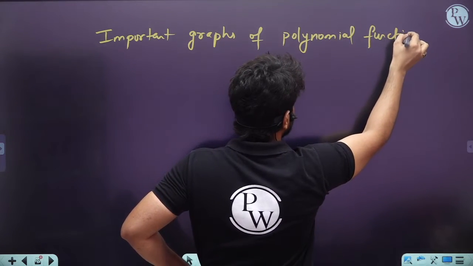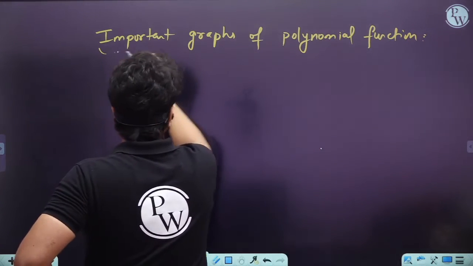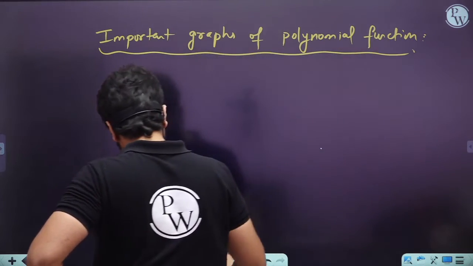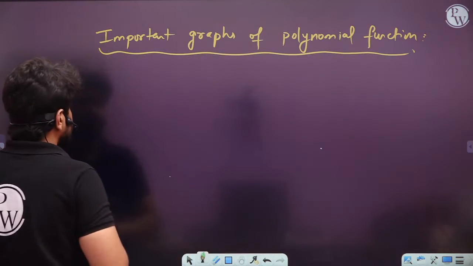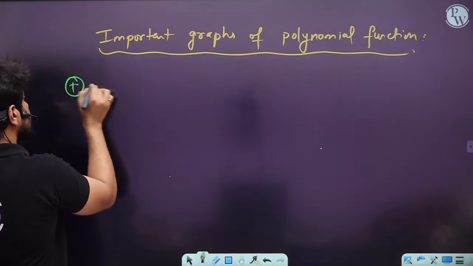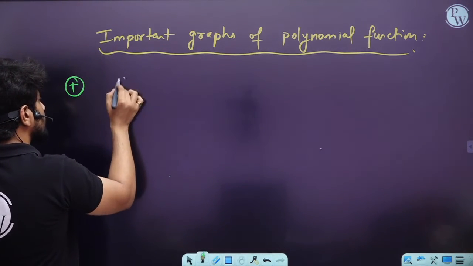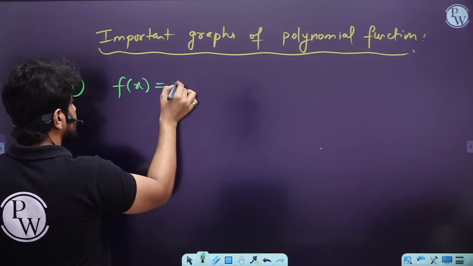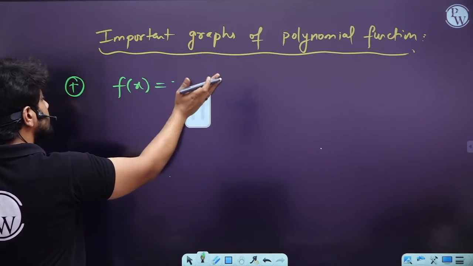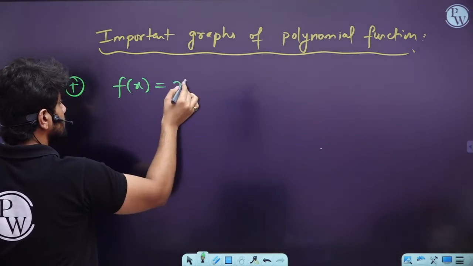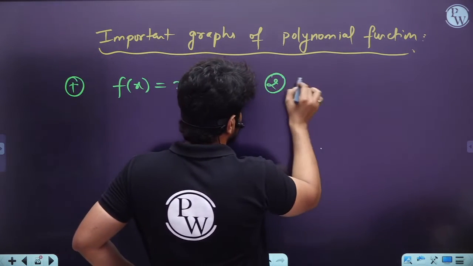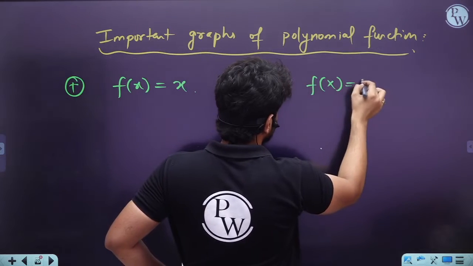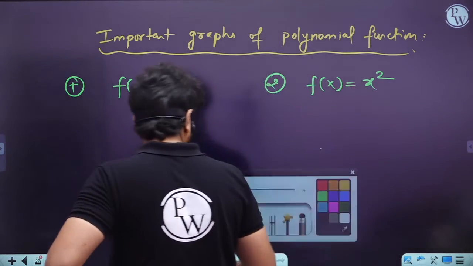There are few polynomial functions which are very, very important and the graphs are very, very important. Now, see, the first one, let's say f(x) is equal to x. Then the second one, f(x) is equal to x square. We will be learning about that.